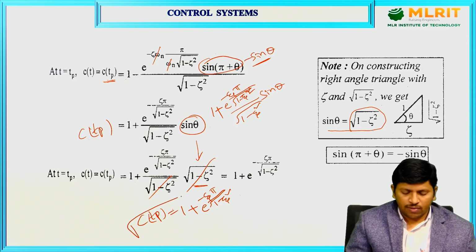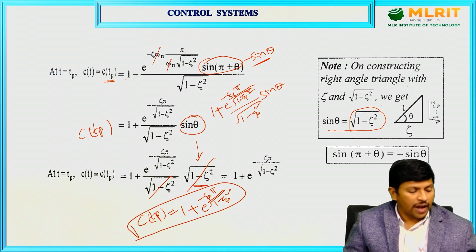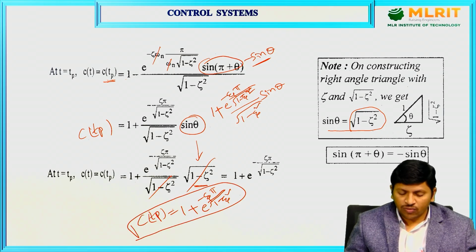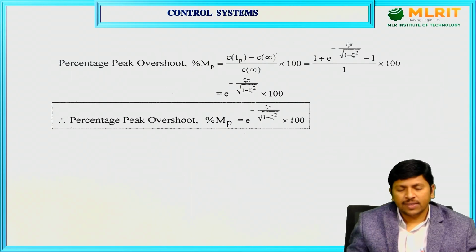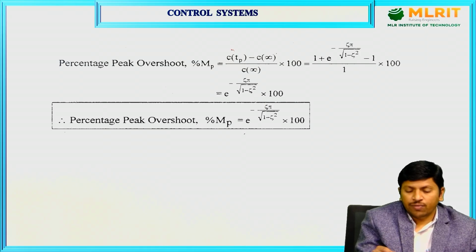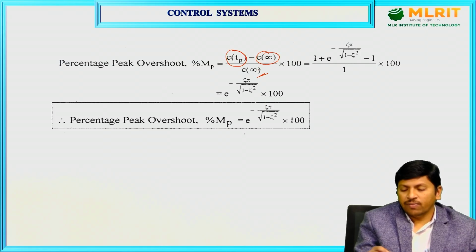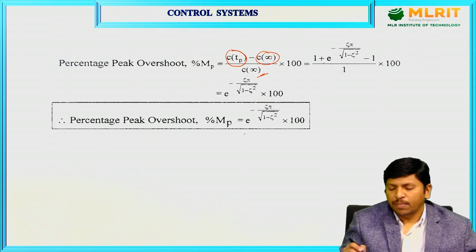We know that c of tp equals this, and c of infinity equals 1. Now these two I am going to substitute in the percentage peak overshoot formula. We know that it is c of tp minus c of infinity divided by c of infinity. We know that c of tp equals 1 plus e power of minus zeta π by under root 1 minus zeta square.